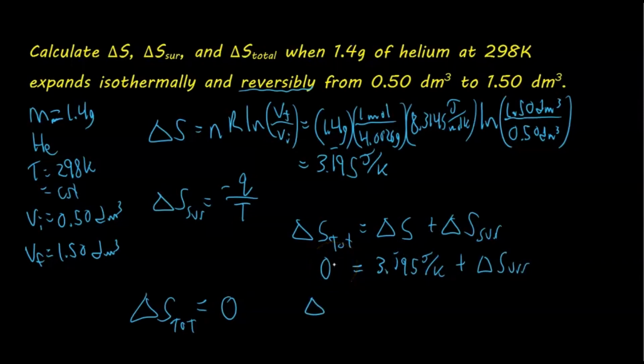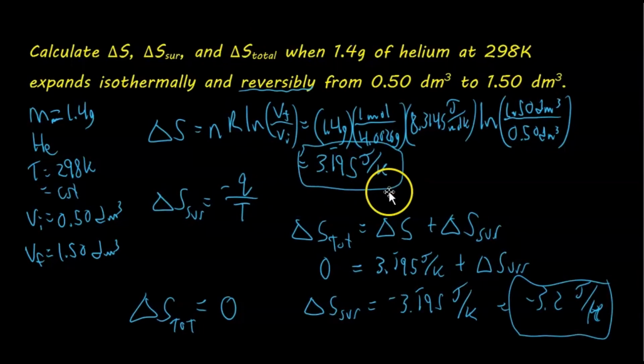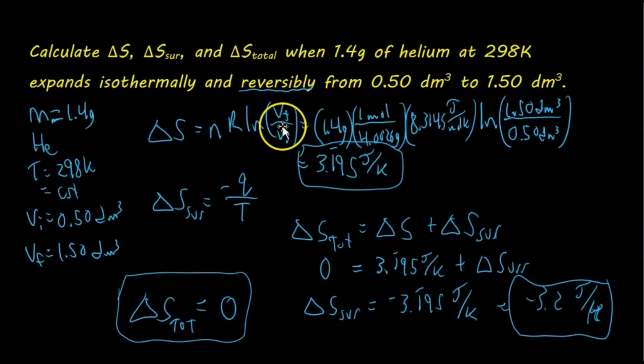It's literally the same number, but the negative of it. So the change in entropy of the surroundings is negative 3.195 to 2 sig figs joules per Kelvin. So negative 3.2 joules per Kelvin. Okay, there we go. So we got the change in entropy of the system, the change in entropy of the surroundings, and then the total change in entropy for this idealized reversible process.